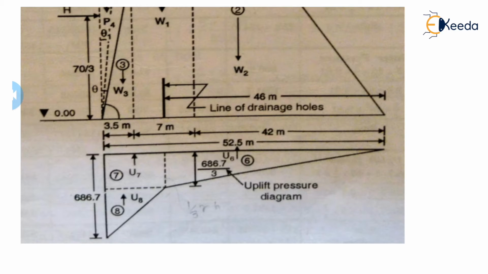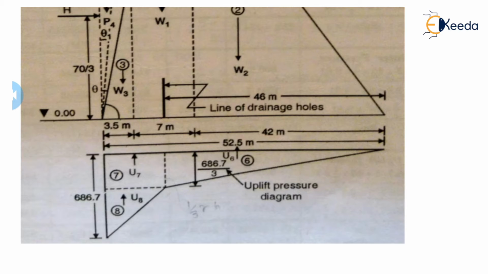So here it is simply half into base. From this dotted line, the horizontal distance is 46 meters. The height is one third of the intensity at the heel section, that is 686.7 divided by 3. This is the vertical distance.